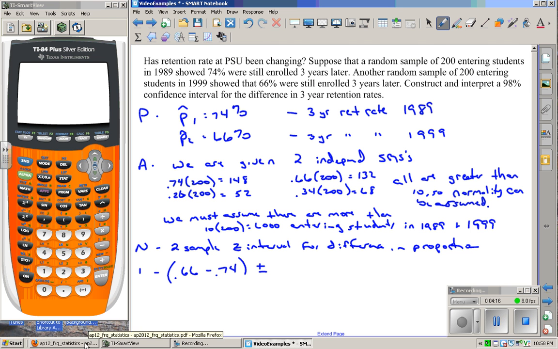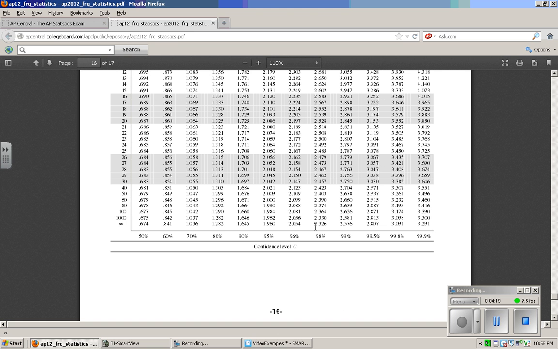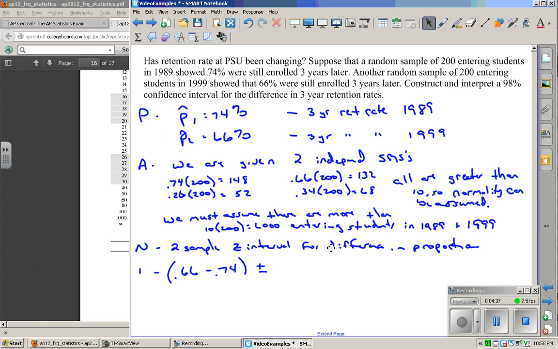So I'm going to go to the book, and 98% is right there, 2.326. See where my little arrow's pointing? I'll draw a picture here. 98%, 2.326. So that's the number that we want to use for our z-critical value.